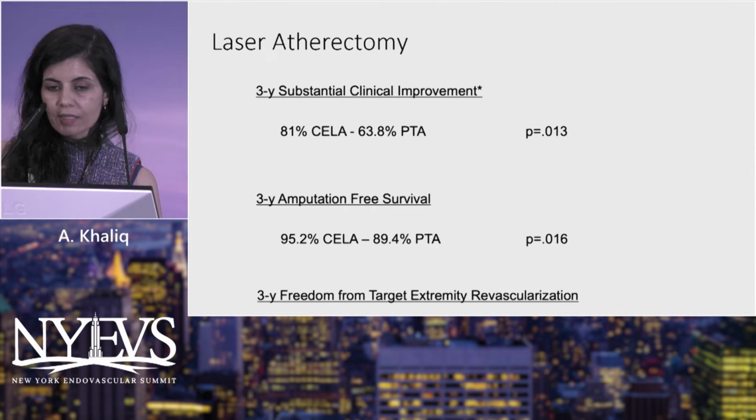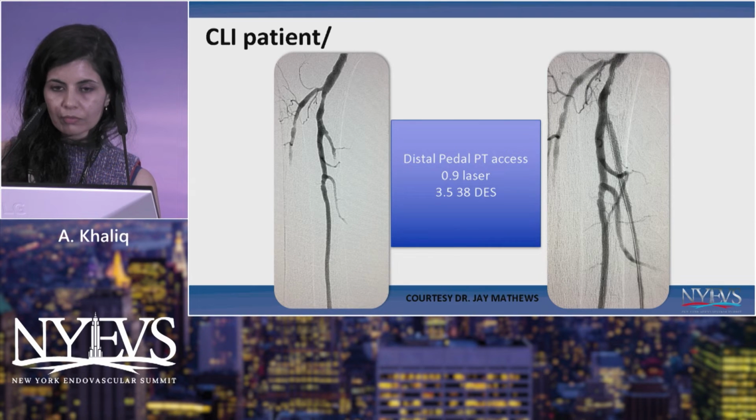And at 3 years, this study showed a demonstrable clinical improvement, and clinical improvement, I guess, was defined by primary patency. There was also a significant amputation-free survival and 3-year freedom from TLR. Next. So this is actually a patient of Dr. Matthews. I borrowed the slide from him. He's again opening a PT using laser and a DES, which is frequently used nowadays. Next.